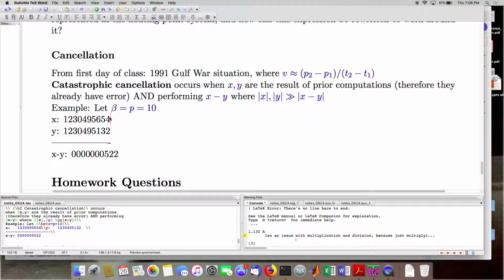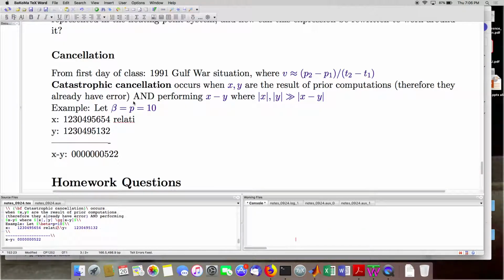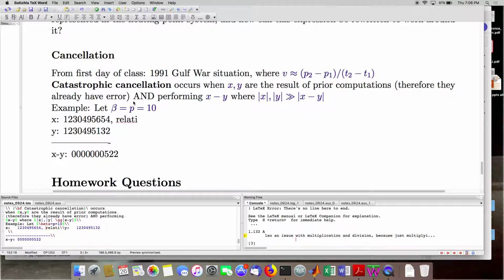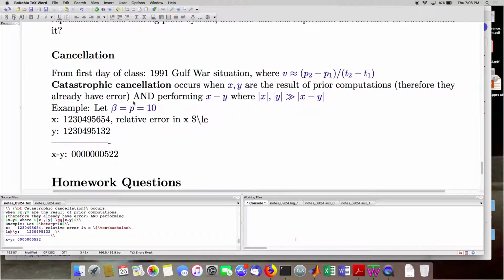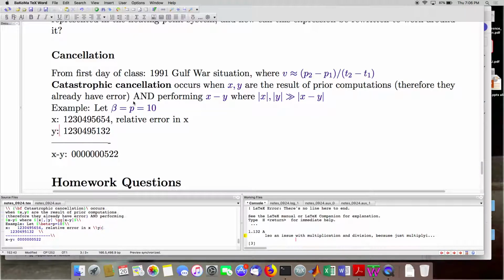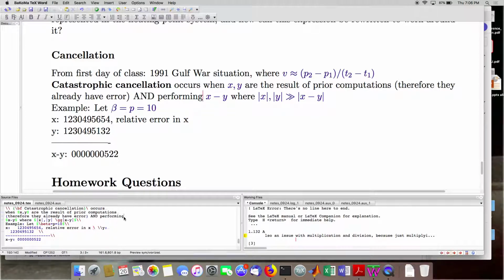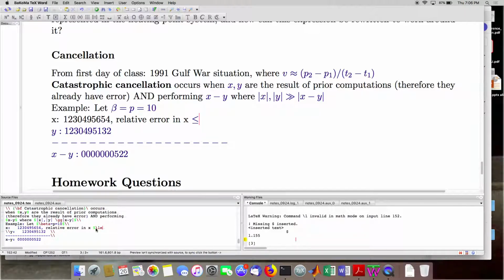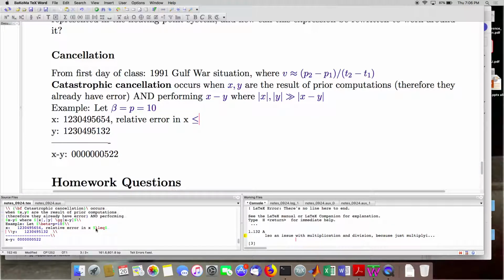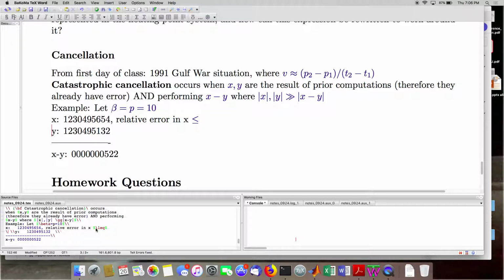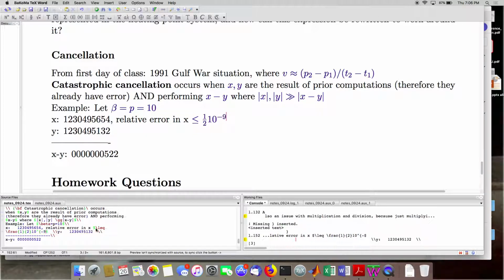When you have 10 decimal digits, actually not 10 to the minus 10, the relative error in x is less than or equal to 1/2 times 10 to the minus 9.